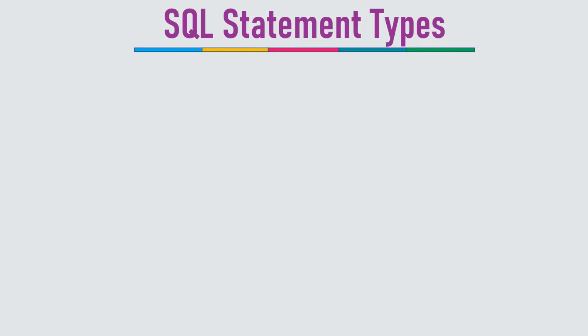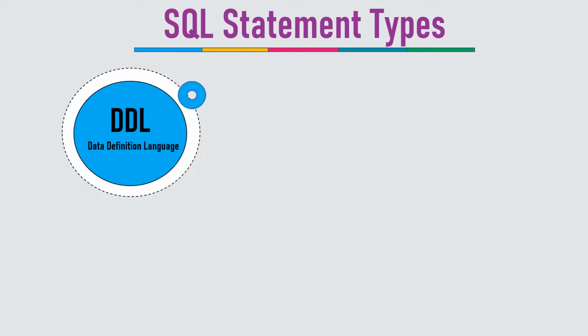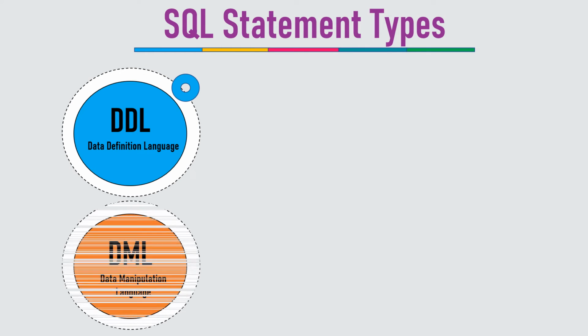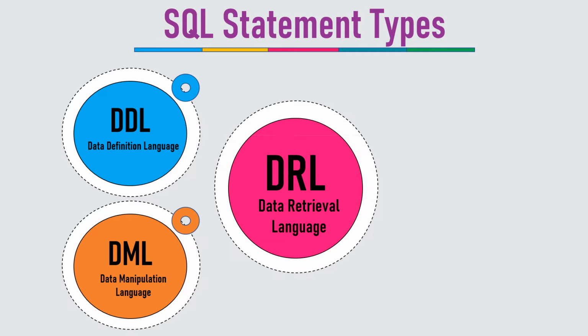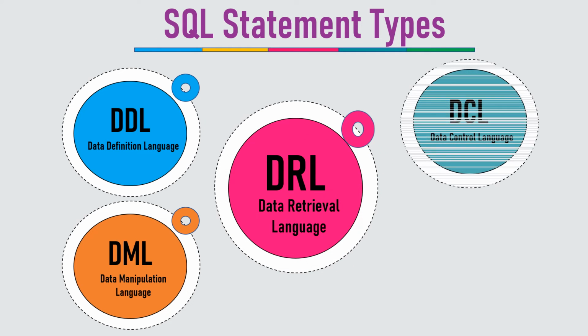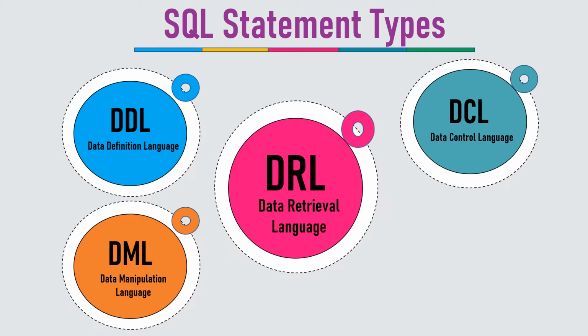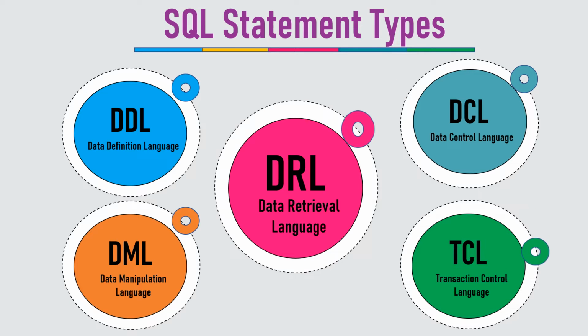SQL statement types. In SQL, statements can be broadly categorized into several types based on their purpose and the operation they are going to perform. So here are some main types of SQL statements. First one is DDL, data definition language, DML, data manipulation language, DRL, data retrieval language, DCL, data control language, and lastly TCL, transaction control language.